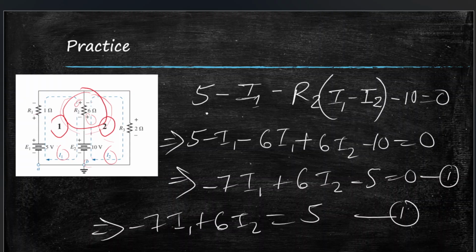Now let's make equation 2 from loop number 2. For loop number 2, the loop current I2 starts from point B, right? So the first component is E2 and it will be positive because current in the loop I2 enters E2 through the negative end.